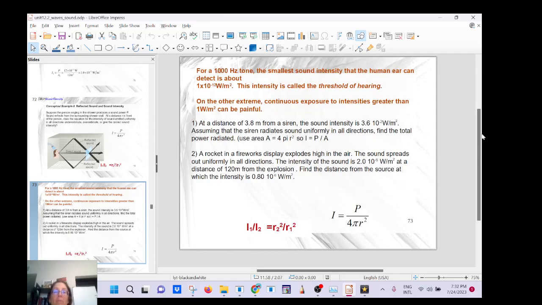So let's do some problems here. Now, about the human ear, we have an amazing device here because we can hear very, very small noise. The threshold of hearing will be an intensity of 10 to the negative 12 watt per meter square.